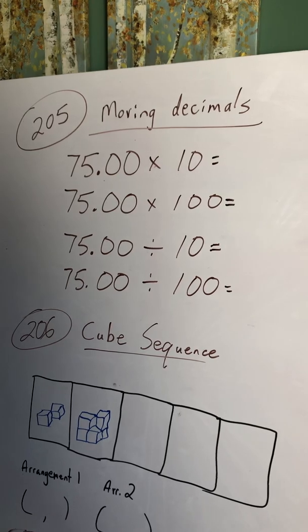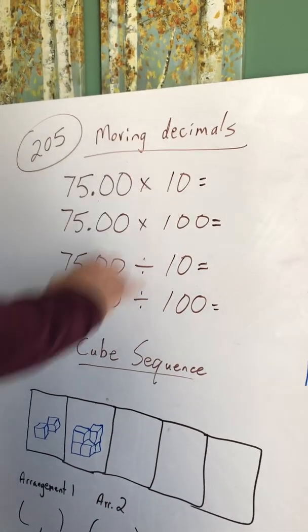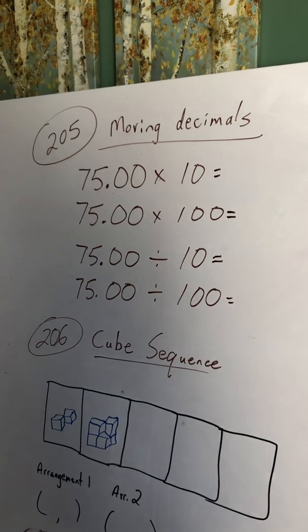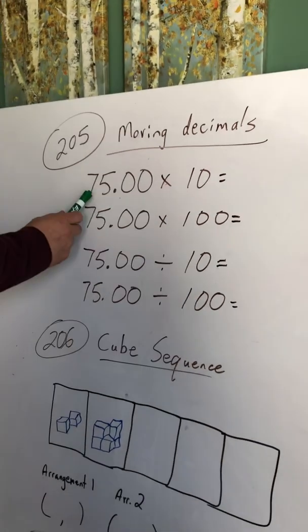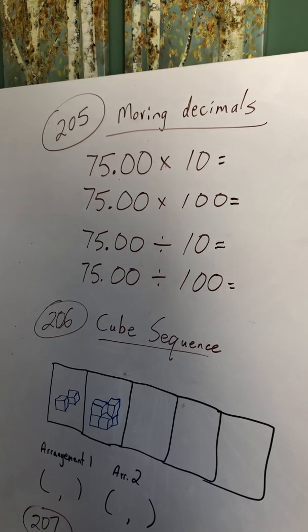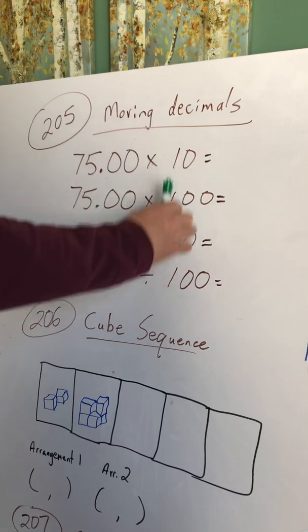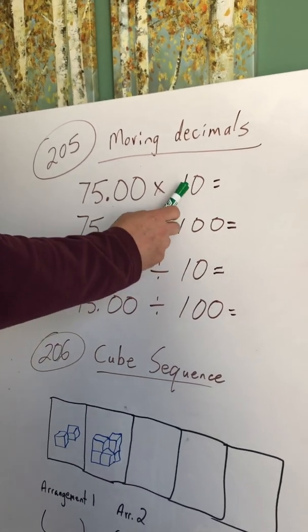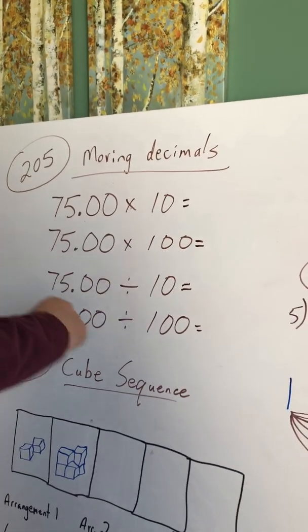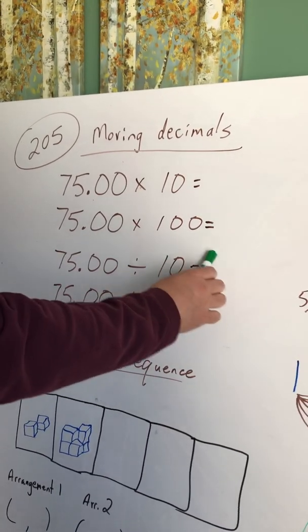Okay, so Student Book 205. I call it moving decimals, okay? So I used 75. This is just 75.00, okay? Now the cool thing here is all we're multiplying by right here is either 10 or 100, or there might be, on your page, there might be 1,000 or 10,000.